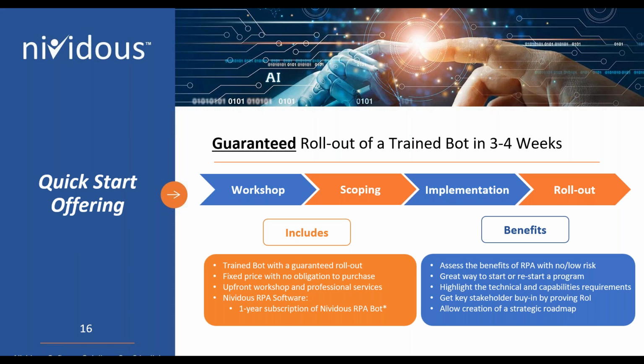And so sometimes this happens, like I said, when you're just starting out, or sometimes you've already started and you've had a bad experience and you think, well, you know what, I'm not doing that again. And so we give you this quick start where we will get something up and running for you in production. This isn't a POC, this isn't a pilot or prototype. This is something that will be running in production that can do your work.